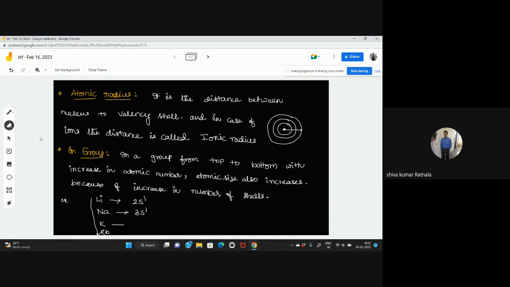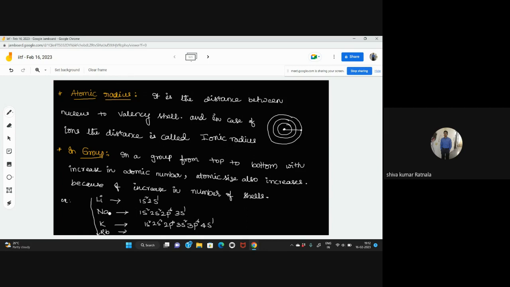Let me write the complete configuration. Lithium is 1s2 2s1, sodium is 1s2 2s2 2p6 3s1, and potassium is 1s2 2s2 2p6 3s2 3p6 4s1.